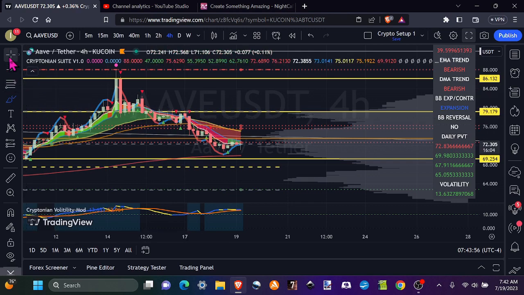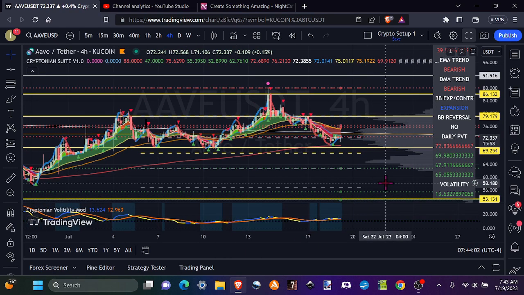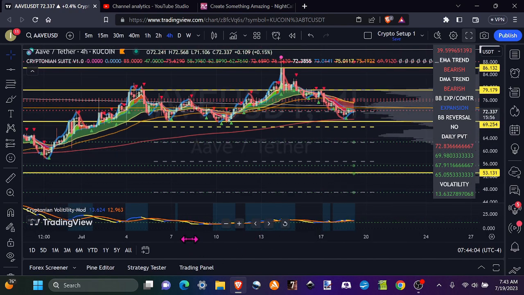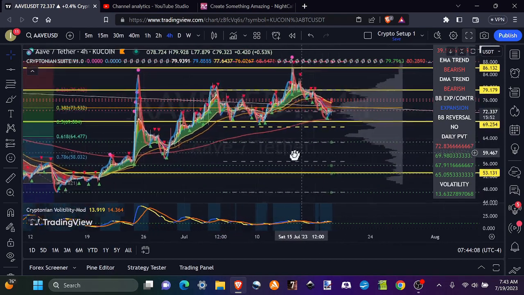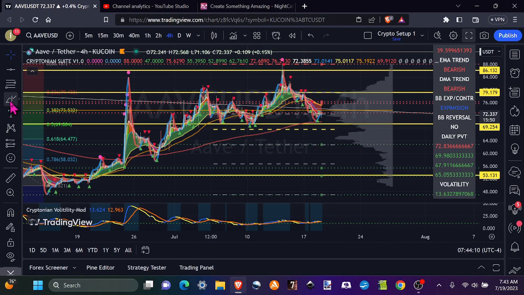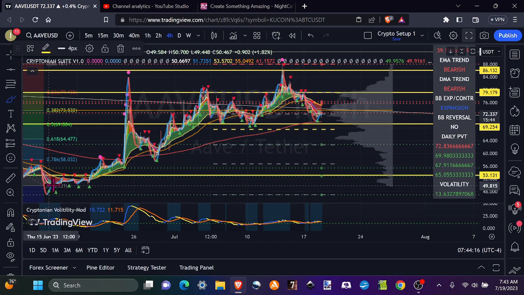If we do have a breakdown, let's take a look and see what our targets are. So on a bearish breakdown, if Bitcoin does have some type of a pullback, where can we expect this to go? Taking a look at the entire range here, the entire move, we started the move down at around 50. We bounced.